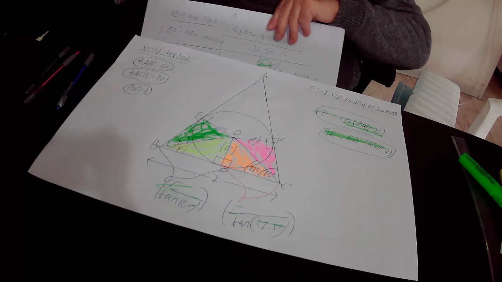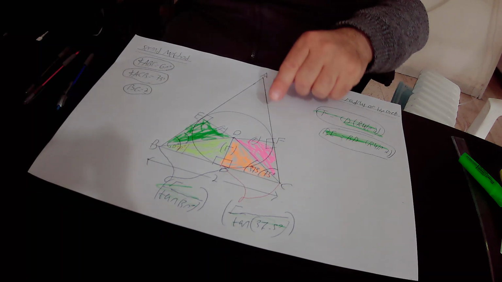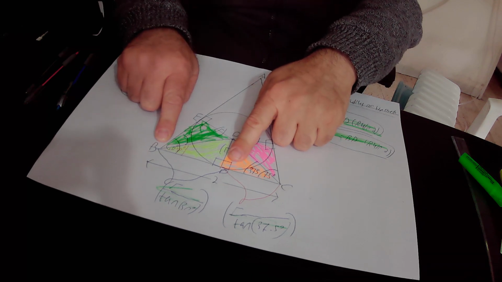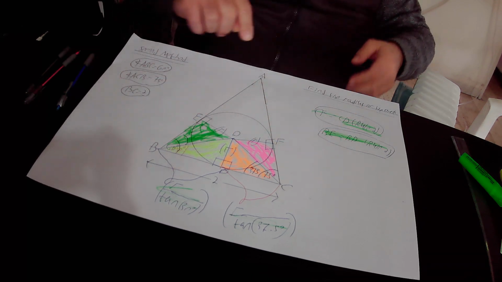You can find it down here: this line segment BD equals R over tan 30 degrees.